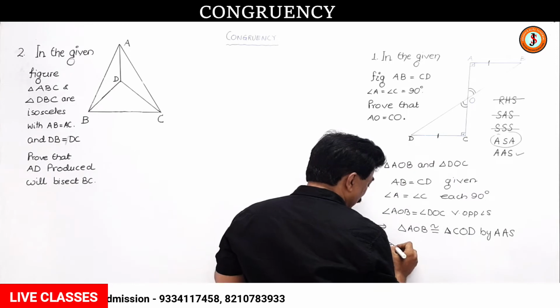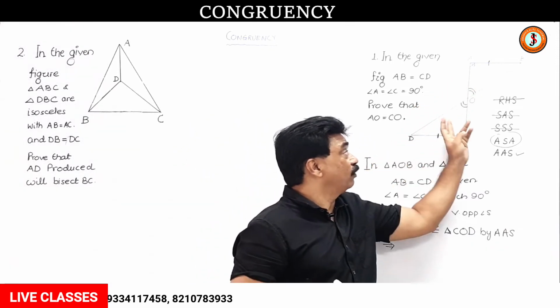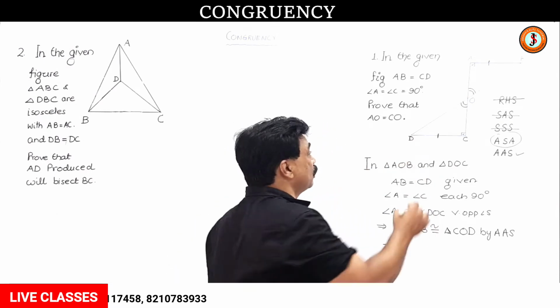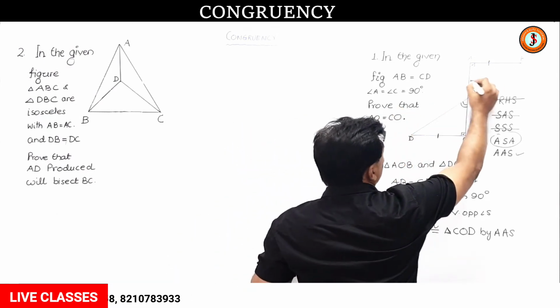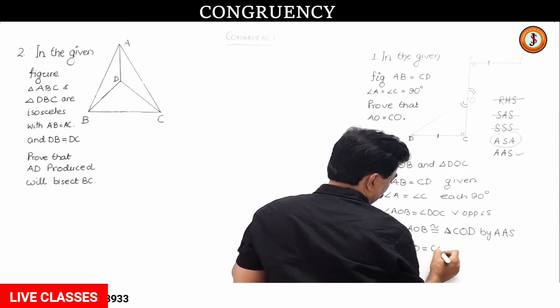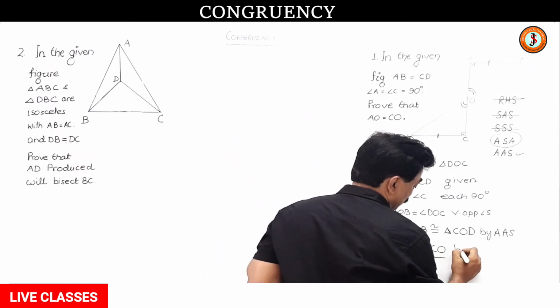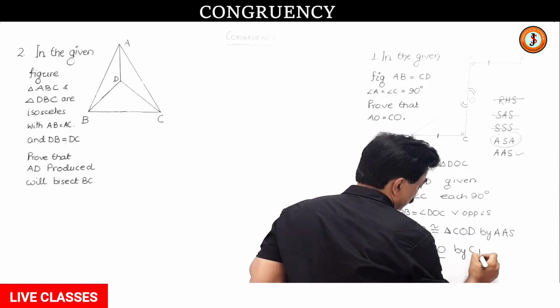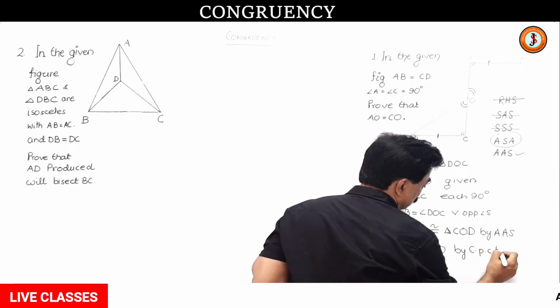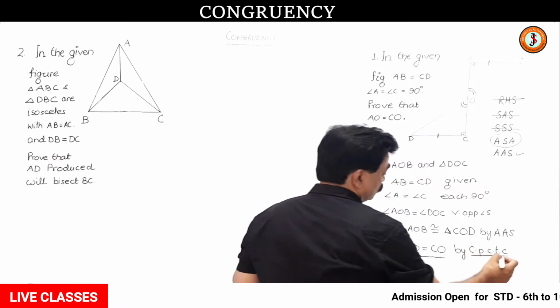This further implies that the two triangles will be equal in all respects. That means now AO will be equal to CO by CPCT, corresponding parts of congruent triangles, and now this is proved.